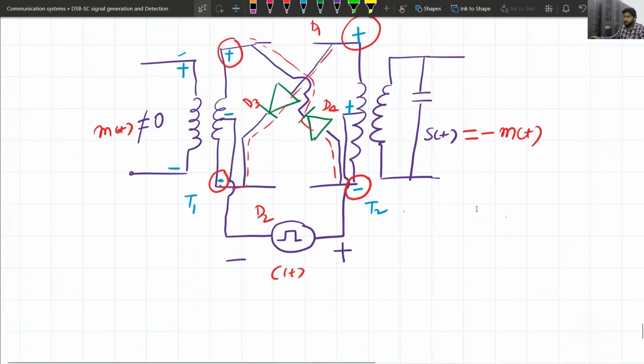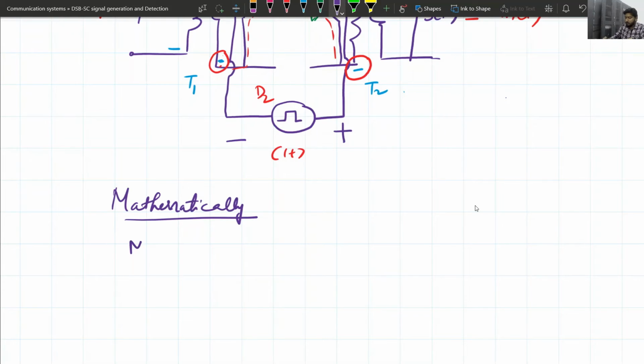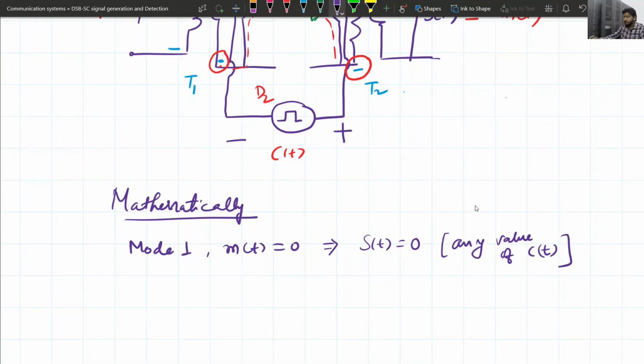So finally, we can write mathematically that for mode 1, when MT is equal to 0, ST will be 0 for any value of CT, either positive or negative.